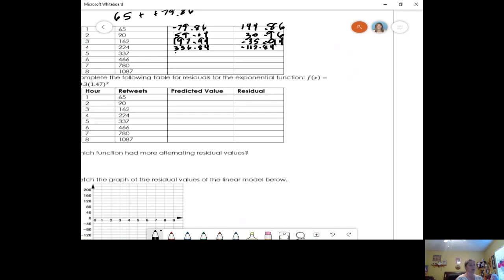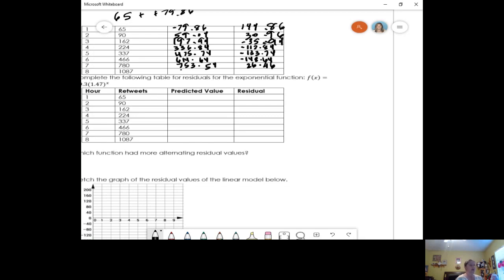If we substitute in 5, I get 475.74, which gives negative 133.74. Substitute in 6, so I get 614.64, which ends up with negative 148.64. Substitute in 7, so I get 753.54, which gives me 26.46.